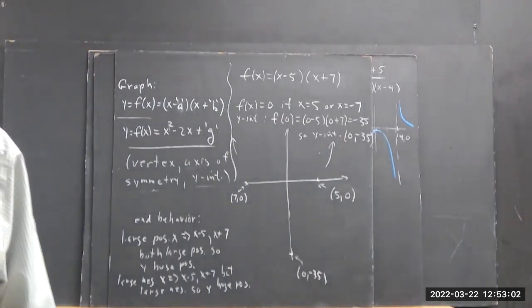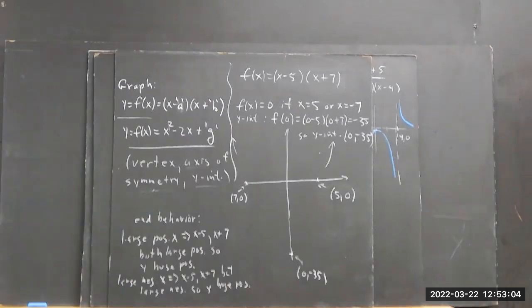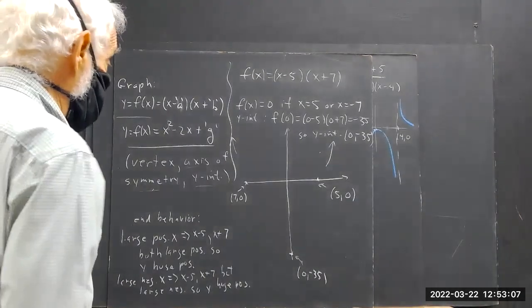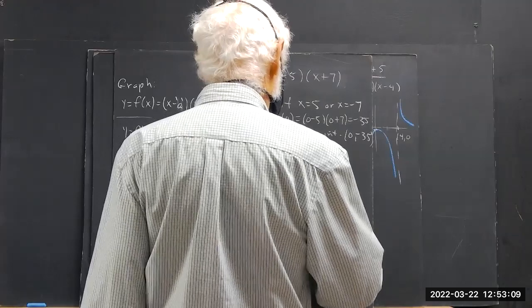There's one more thing you know about this: this graph is a parabola, so it's a quadratic.